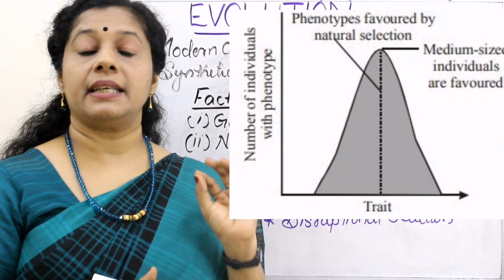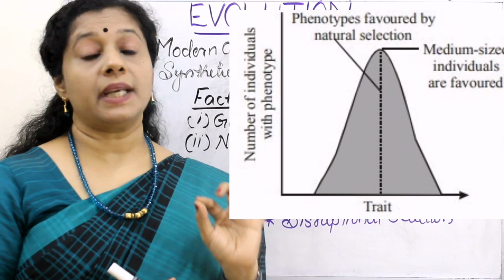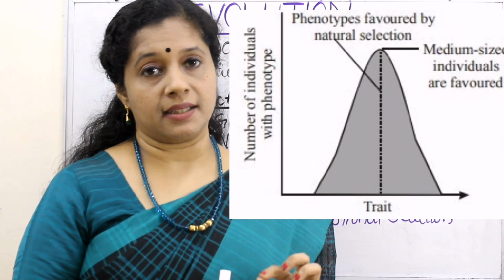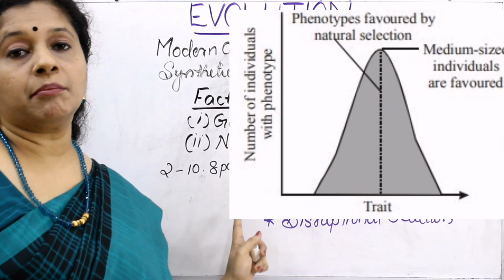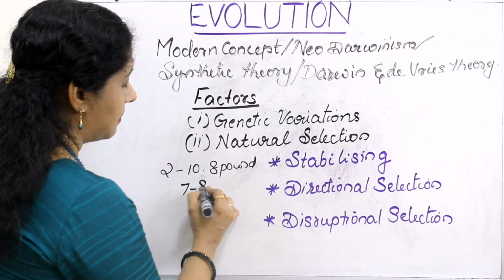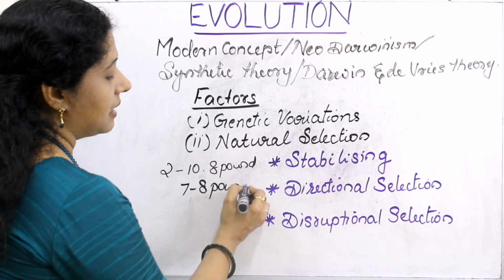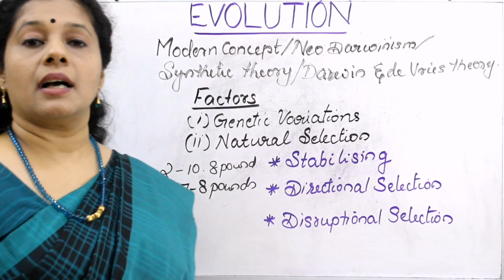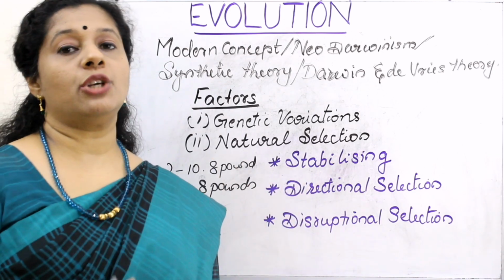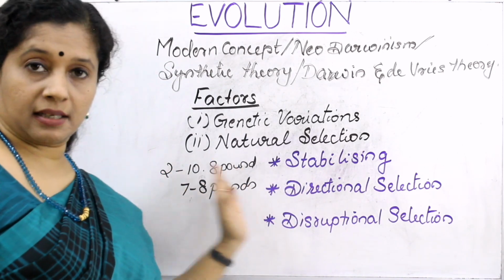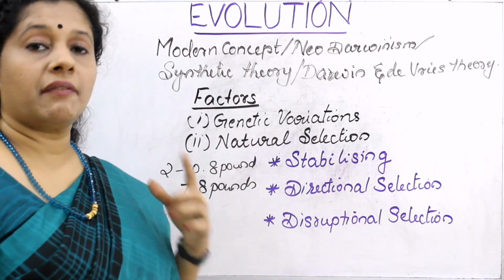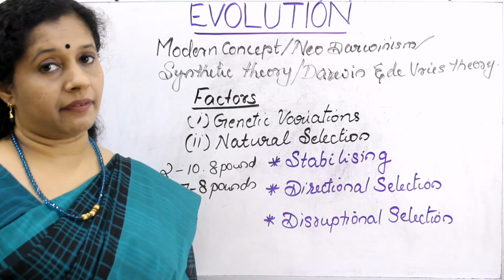Another example here is the birth weight of babies. The normal birth weight of babies is considered 2 pounds to 10.8 pounds. It is noted that babies having birth weight 7 to 8 pounds seem to have more chance of survival than others. So the mean value is favored here, neither the lower extreme nor the higher extreme, giving a graph.